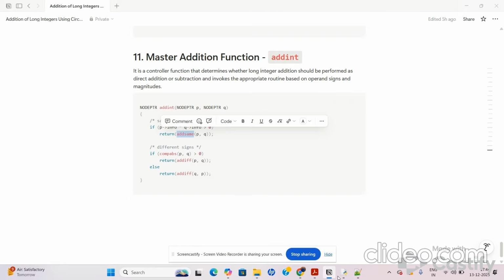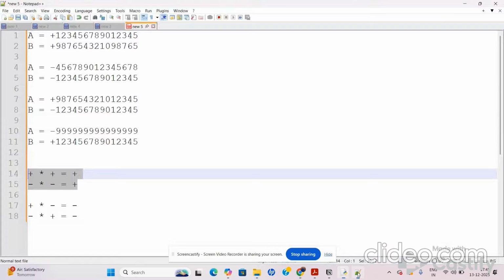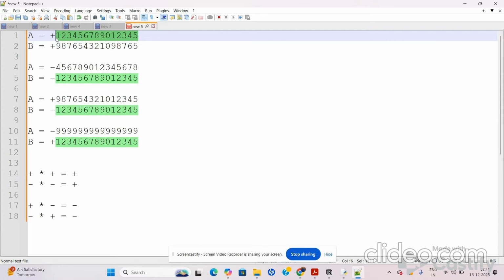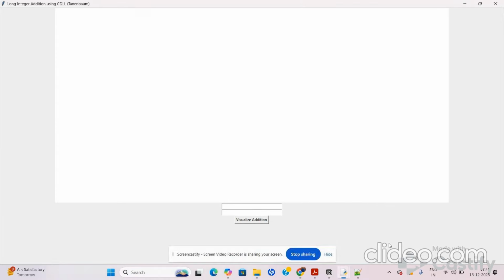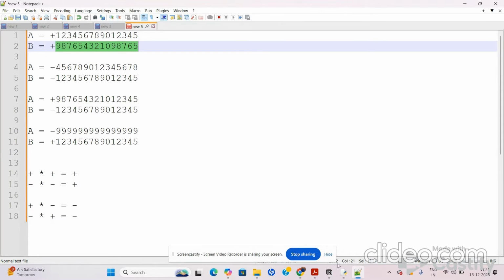So just to quickly visualize how the addition happens, I can take some examples here. Let's say you have this number, and this is another number.